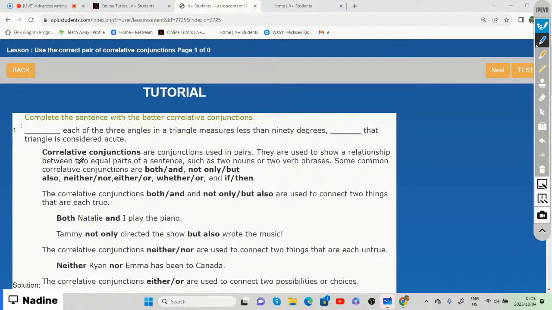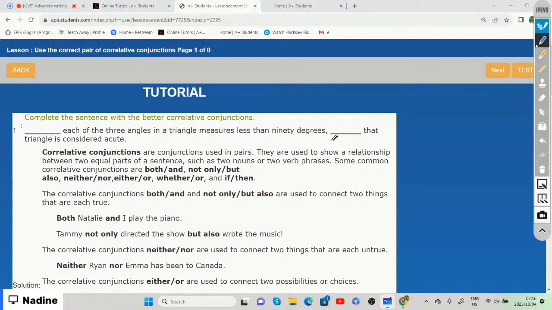So correlative conjunctions are conjunctions that are used in pairs, right? And with them being used in pairs, they are used to show a relationship between two equal parts of a sentence, such as two nouns or two verb phrases. Some of the common correlative conjunctions are both or and, like I said, and is even more common.